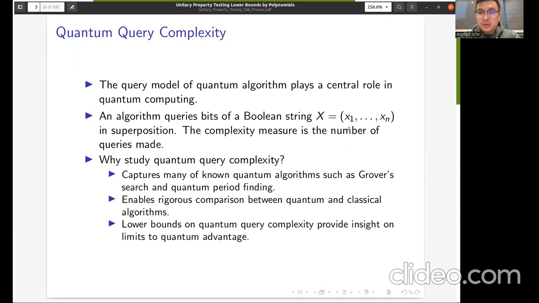Finally, when we are able to prove lower bounds on quantum query complexity, this provides insight into the maximum possible quantum advantage for a particular problem. And for the rest of this talk, we'll be focusing on lower bounds.